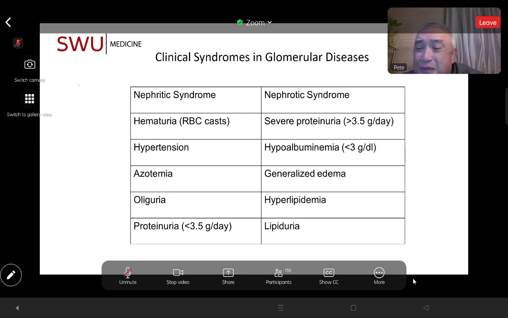Yes, everybody bedwets, correct? Do you remember the smell of urine in the bed? That's how a patient with uremia would smell.